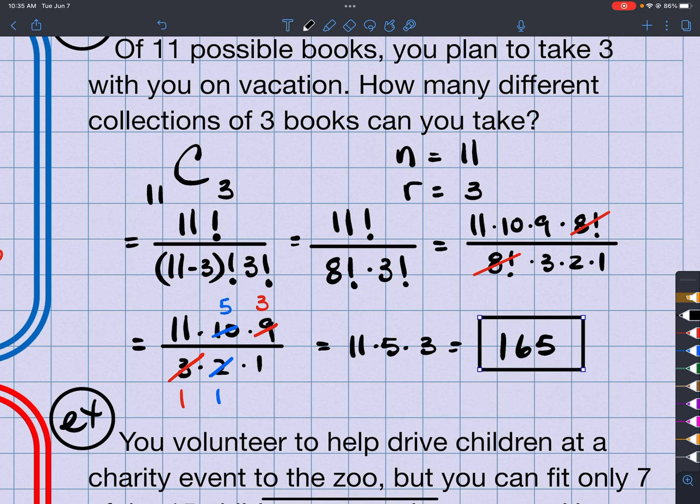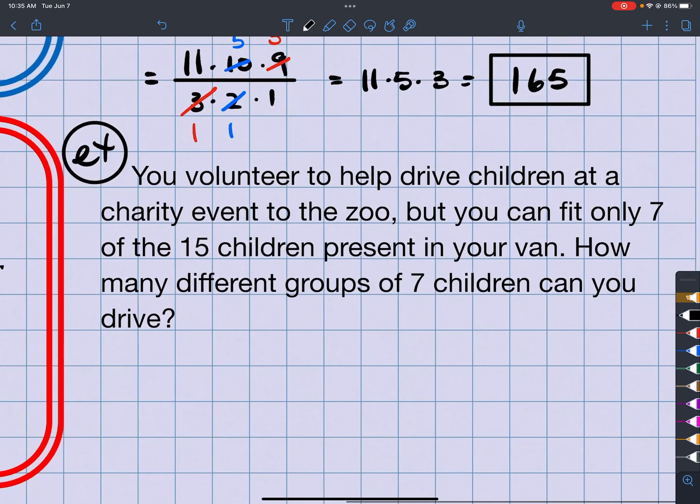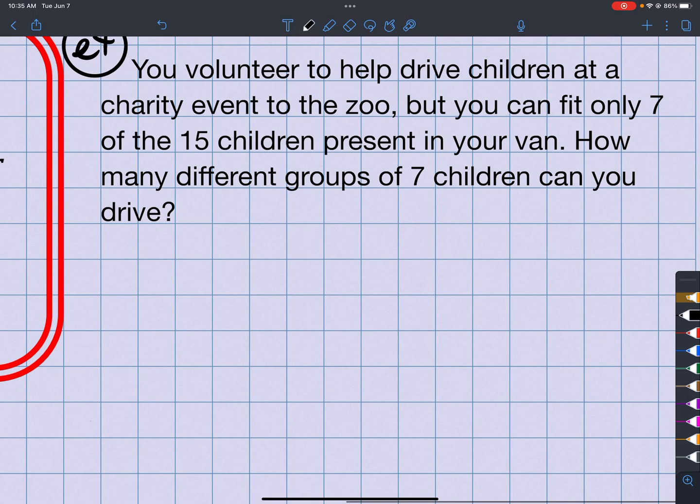All right. Hope that makes sense. All right, to the next. You volunteer to help drive children at a charity event to the zoo. But you can fit only 7 of the 15 students that showed up in your van.